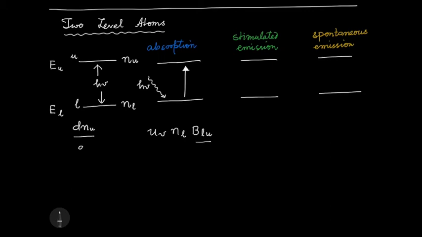When I say it's a probability, it gives you how much of this happens in a unit time. So this dNu/dt, which is the gain in the atoms which are in the upper level per unit time, the first term that I will get is this, because the atoms are going from lower to upper, so the upper level density is increasing.